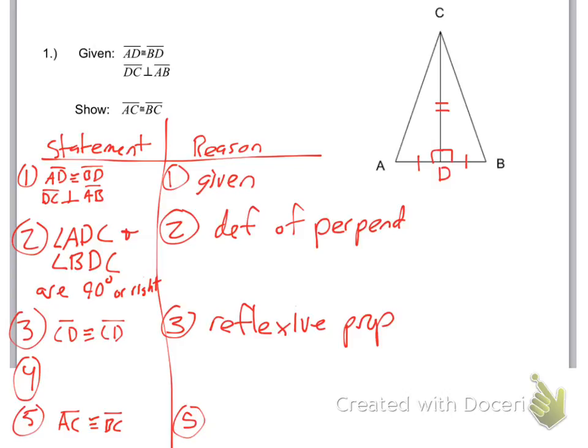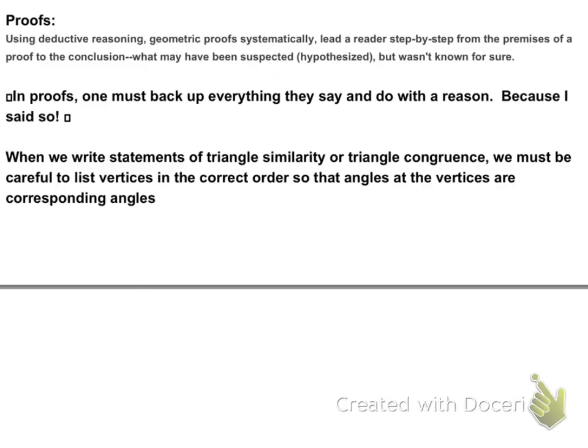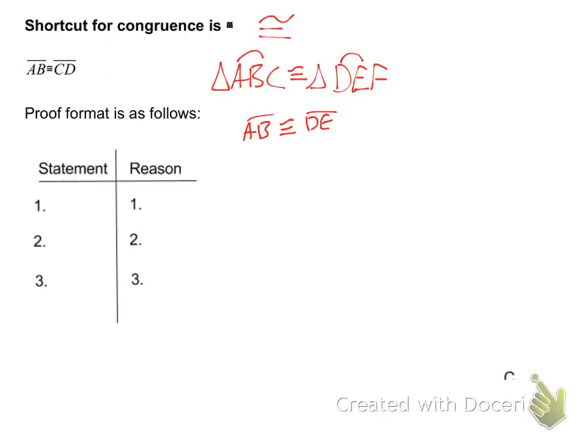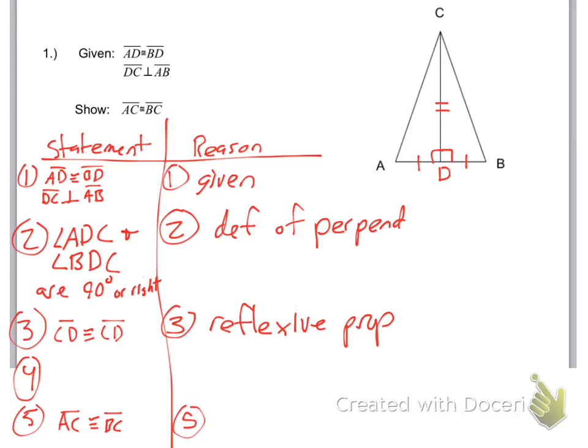I'm going to go back. It's one of those. Which one? No, donkey posse doesn't work. We talked about that. What do we have? Side angle side, guys. I have sides and I have an angle between them that's the same. So, the reason is going to be side angle side.